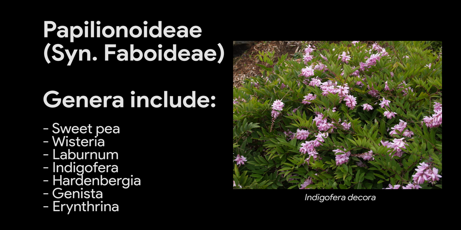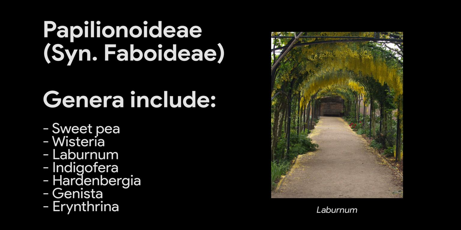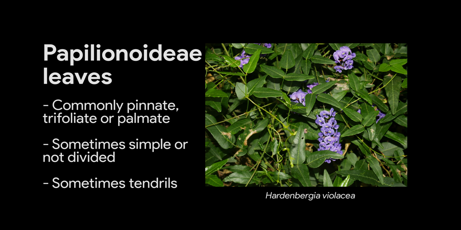This group also includes ornamental trees such as Erythrina, the coral trees, Laburnum, Sophora, Robinia and Castanospermum. Papilionoideae leaves are frequently divided to be, for example, pinnate or trifoliate, with one leaf made up of a number of leaflets.